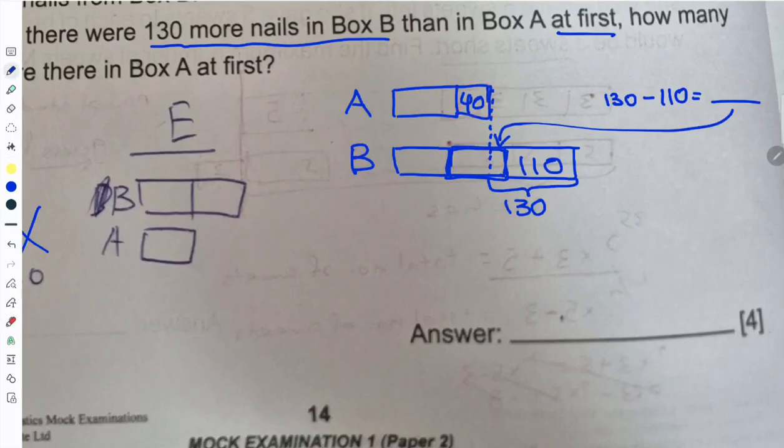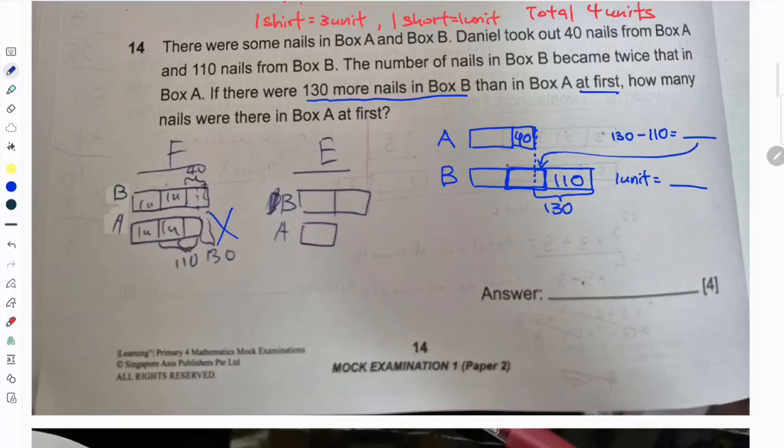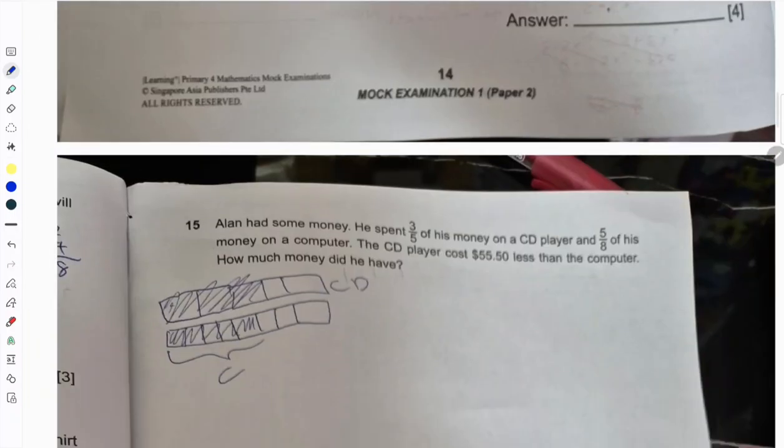So you calculate that out, you will know how much is 1 unit. And then after that you will be able to find out how much is box A. Box A equals 1 unit plus another 40, and then you will get your final answer. Okay, so you do it yourself.